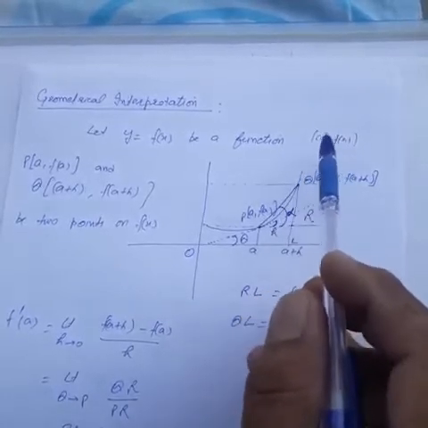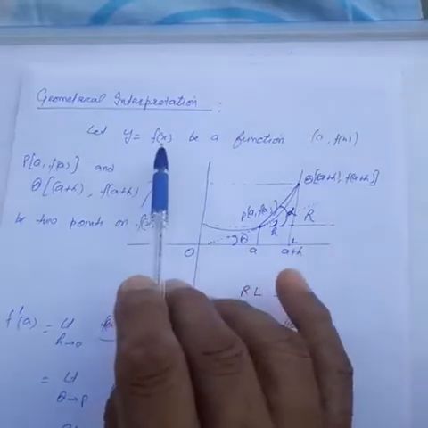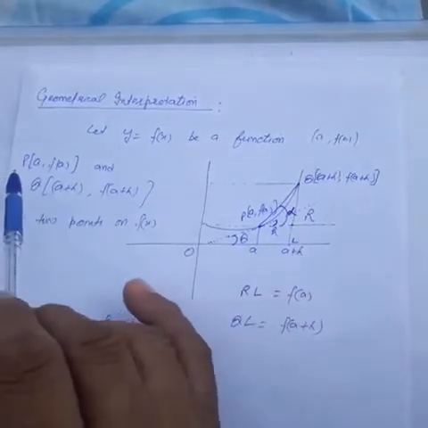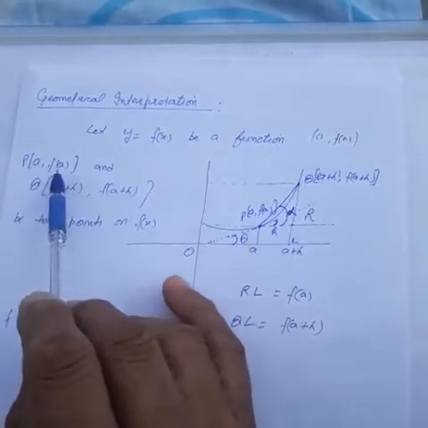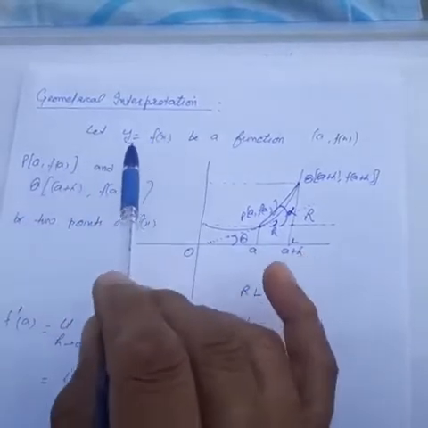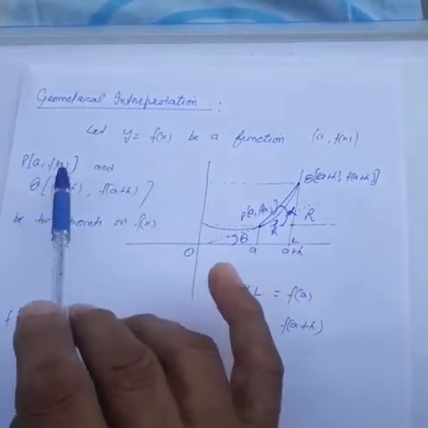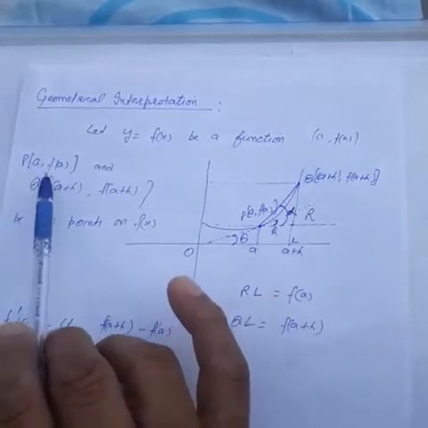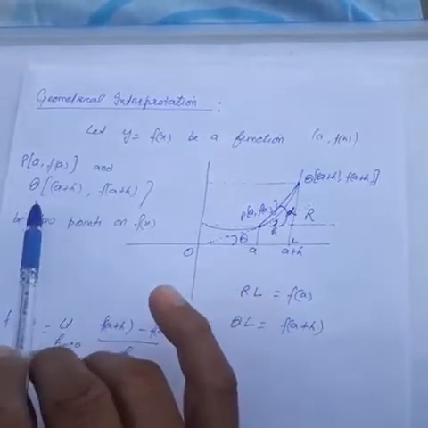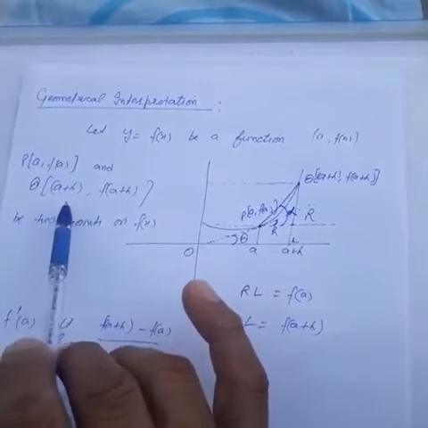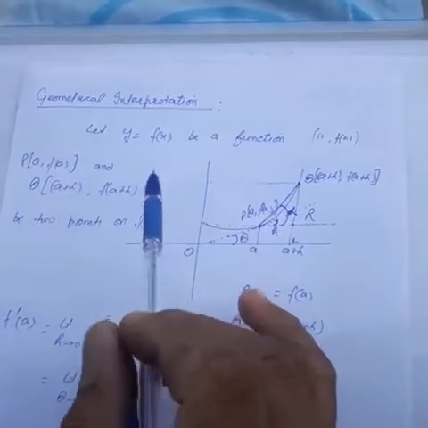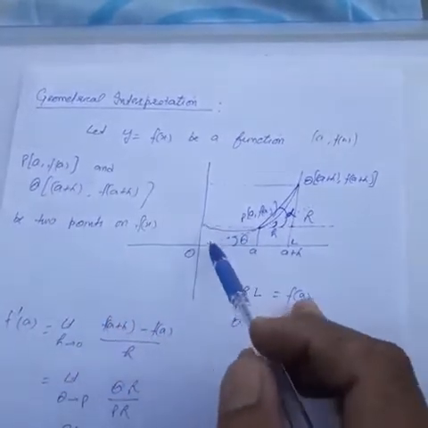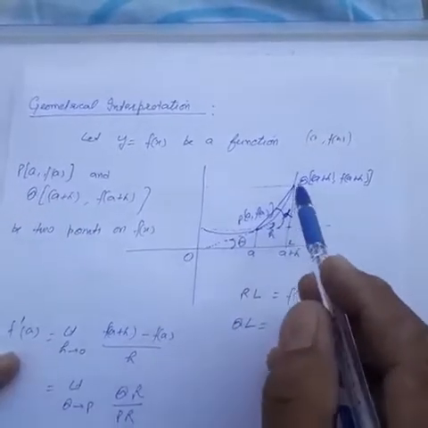So a, f of a is a point on this curve. Let P (a, f of a) be any point. In the previous chapter we considered x1, y1 as the point, but we can also consider it this way. Let Q (a plus h, f of a plus h) be another point. This is the graph of function f of x.